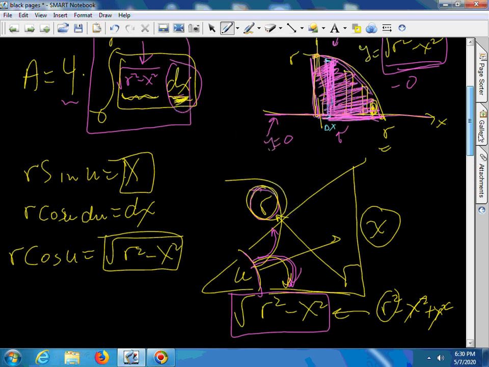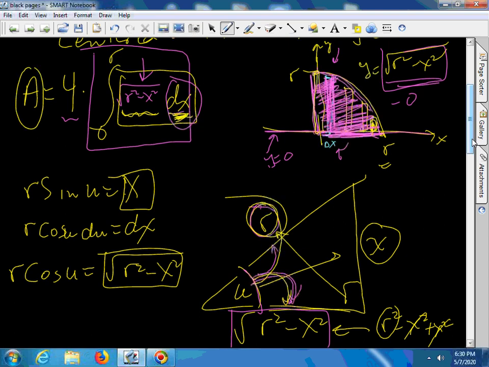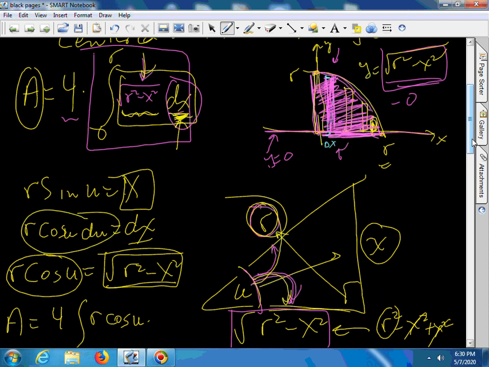So now we substitute back. We substitute. A is equal to 4 times the integral of r, square root of r squared minus x squared is r cosine u, times dx, where dx is r cosine u du.